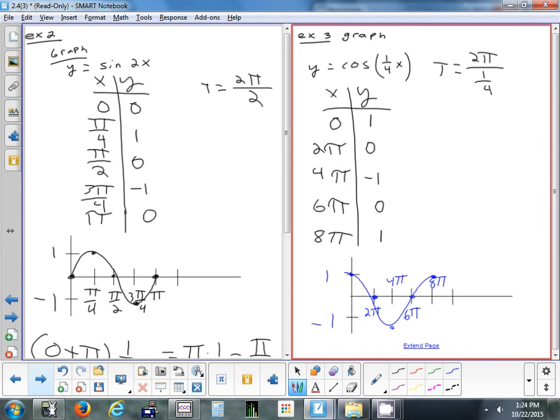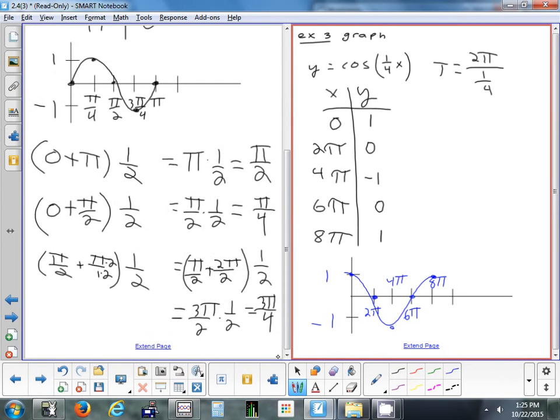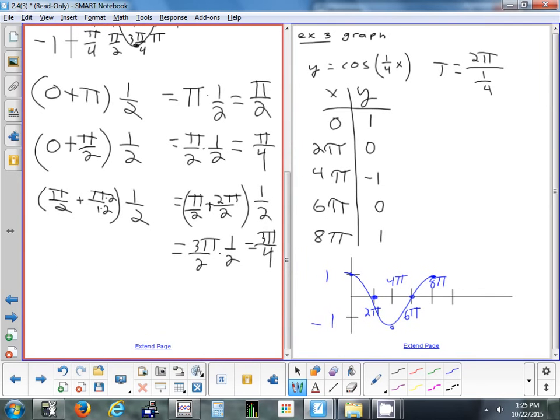The only reason I'm not saying to divide by 2 is because if you add up and divide by 2, like look at this one, you'd have pi over 2 plus pi over 1. I think that looks more confusing than writing it this way, because now you've got fractions over fractions. That's why I don't write it this way. Any other questions on this?